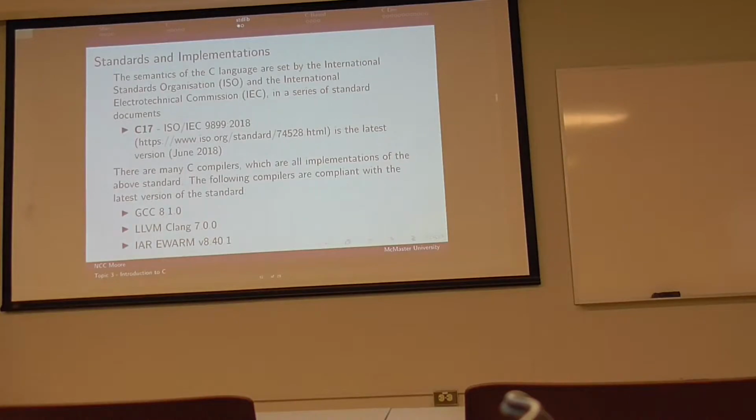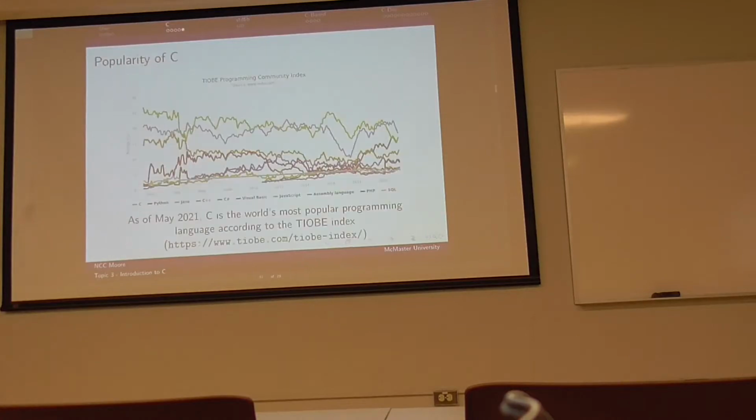Only the following 3 compilers are compliant with the specification. So we've got GCC, the GNU compiler collection, which is my expectation that this is the compiler that you will use in this class. LLVM Clang, version 7.0.0, which is done by IBM, and IAR Arm, which I'm not sure who makes it, but it's also compliant.